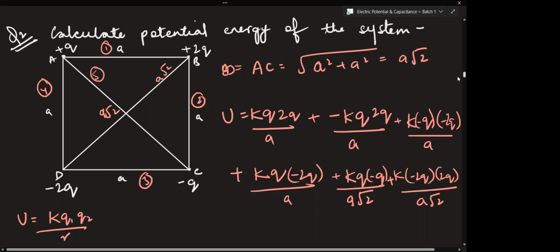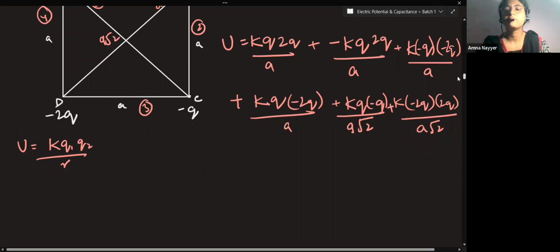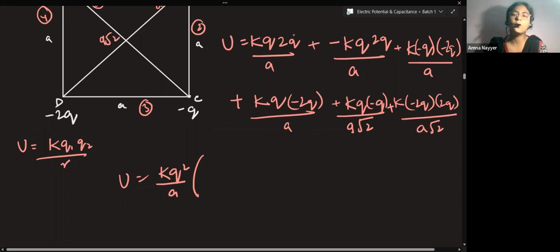All right. Now we just have to solve this. See, Q square is there in all of them, no? KQ square by a is there in all of them. We can take KQ square by a common. Now let's see whatever is left. KQ square by a has been taken common; from here only 2 is left. Minus 2 is left from here.